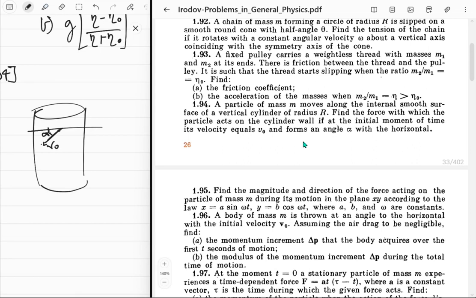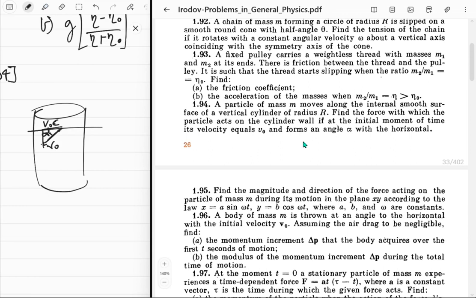Fine. So basically this is like v0 cosine alpha, that's this velocity. Okay, this is a problematic thing. So the normal force is acting out.